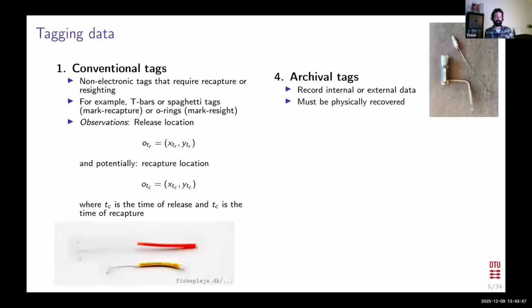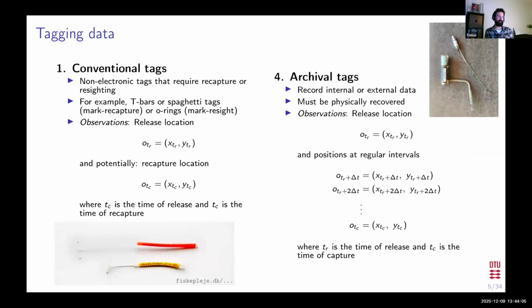Another important tag, as Daniel also mentioned earlier, are archival tags, so electronic tags that record internal or external data, and they must be physically recovered. The image shows an example that is used in the Eastern Pacific Ocean for bigeye, the bigger one, and the smaller one for skipjack.